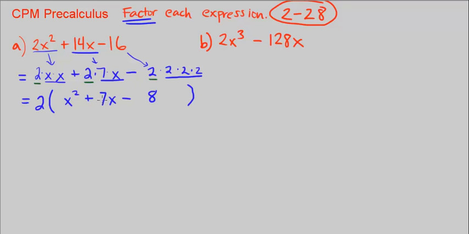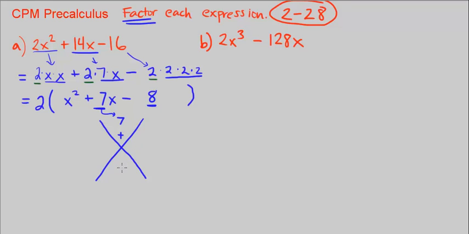Now I'm left with this quadratic, and I want to factor it. How do I do it? Well, I can use the x method, I think that's what it's called. Here I want to look for two terms that add to 7, which I'm getting from here, and multiply to 8 from here.